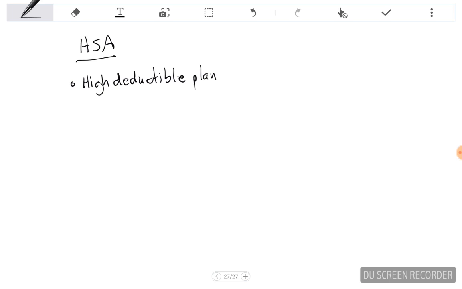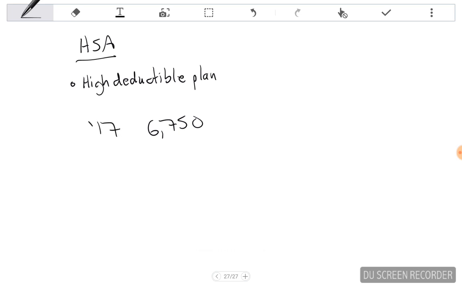Now, as far as how much money you can put in a year, because that's limited too, because otherwise, I'm just going to throw $100,000 in there. You can get a huge deduction for it. So there is an actual maximum. For a family, if you're under 55, you can put in $6,750 in 2017.